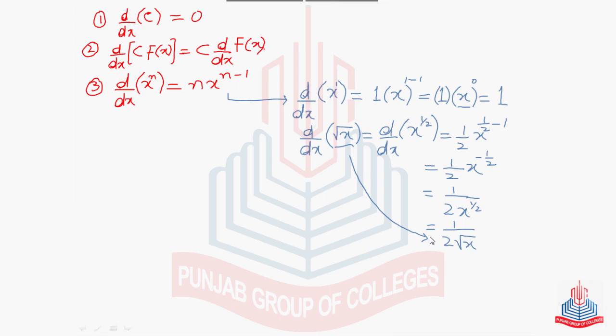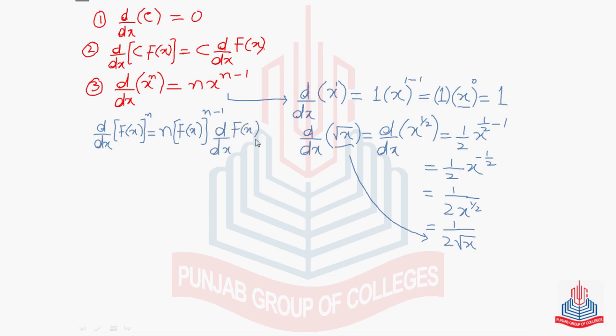So now we generalize these two results by writing d by dx of f(x) raised to the power n. By using the power theorem, this will become n f(x) raised to the power n minus 1, and again differentiate this function.